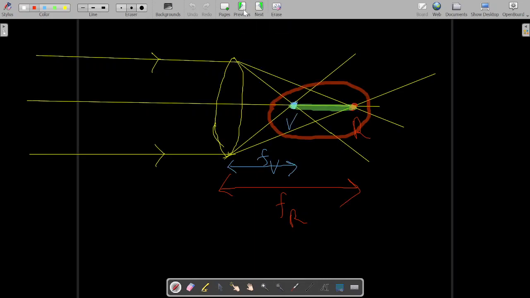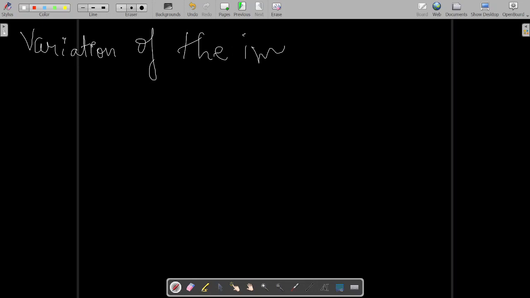But a linear spectrum. Variation of the image distance, right over here.